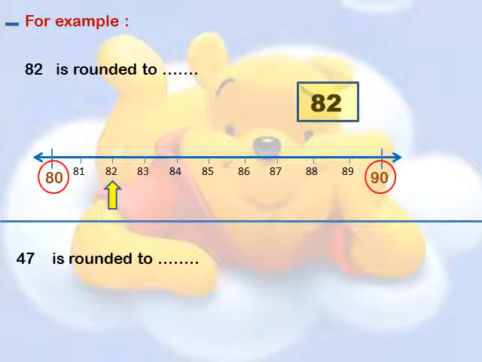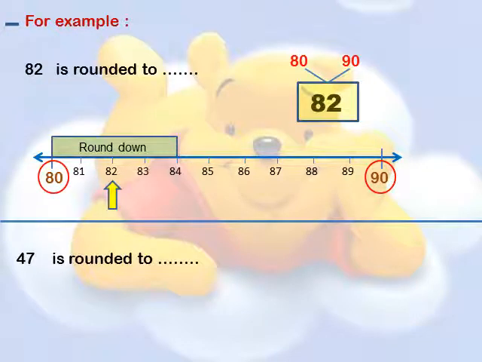It's 2. Is this 2 weak or strong? Yes, 2 is weak, so it will round down to the smallest 10. So 82 is rounded to 80.